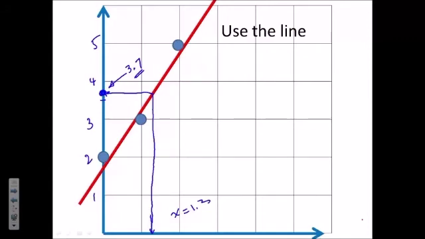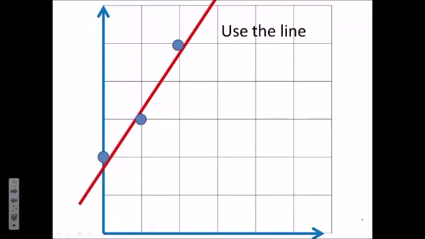The other half of the question says find the marginal change in y for a change of 1 in the x direction. So the marginal change means find the change in y when x changes by 1. So pick any point you'd like on the line.